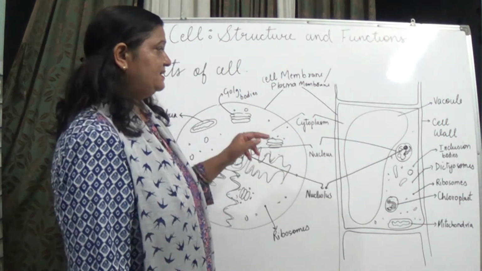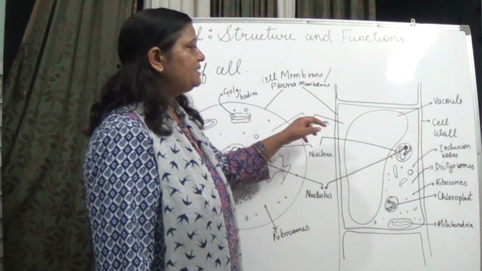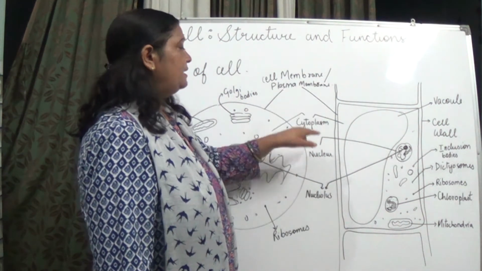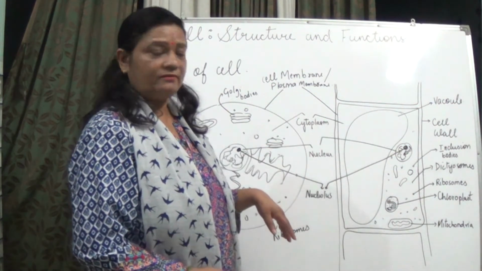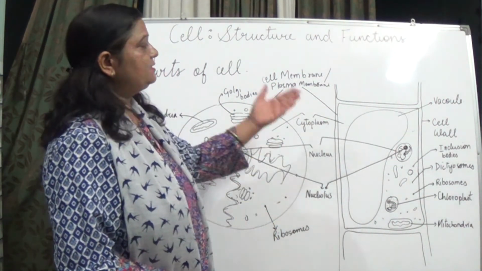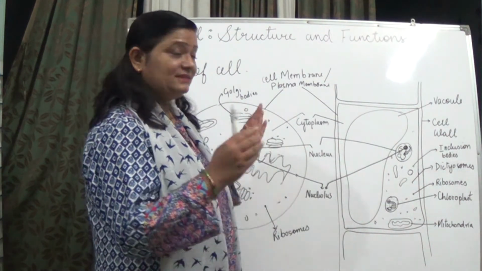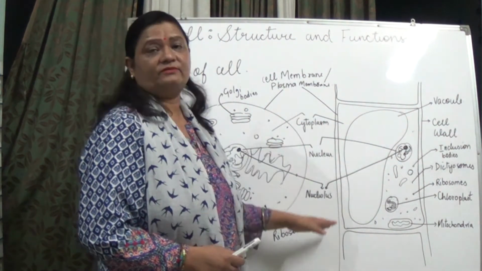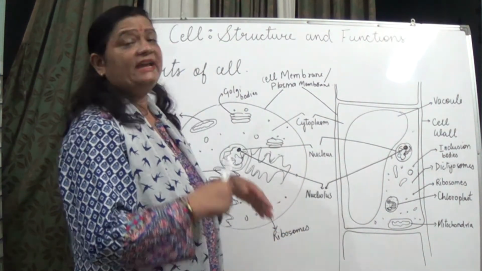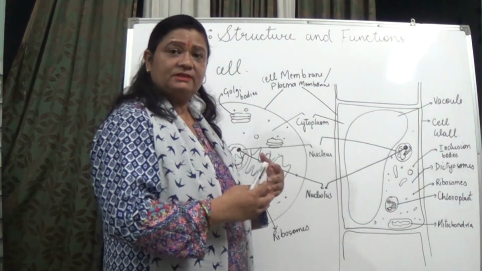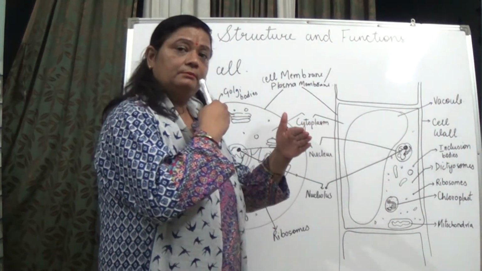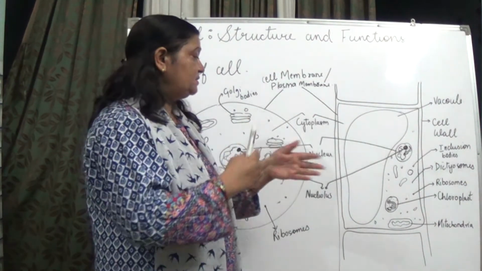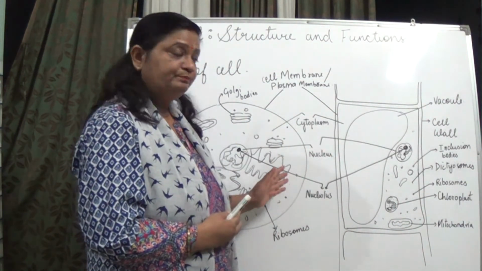And then the cell membrane is also present, and that cell membrane also confines the boundary of the cell. So both the cell wall and the cell membrane confine the boundary of the plant cell. And here also pores are present so that substances can move in and out.